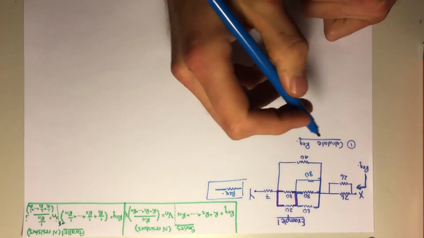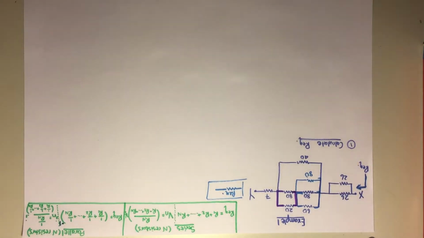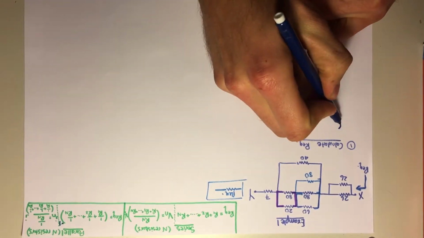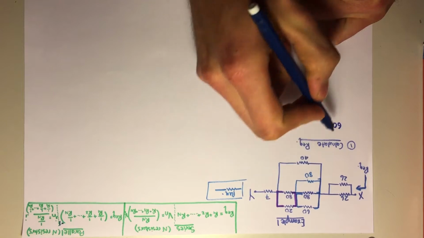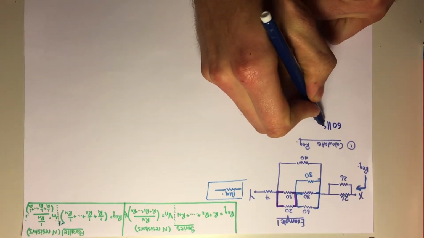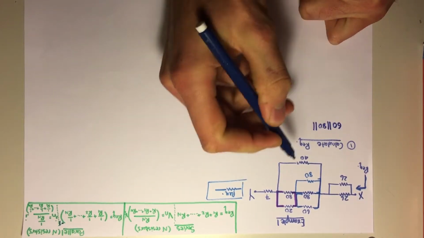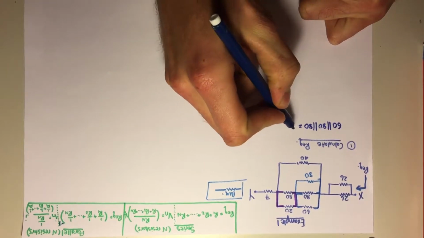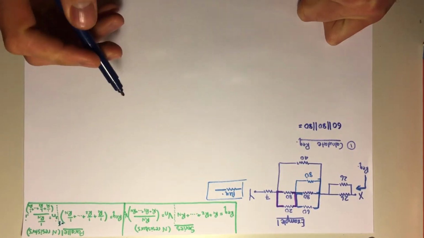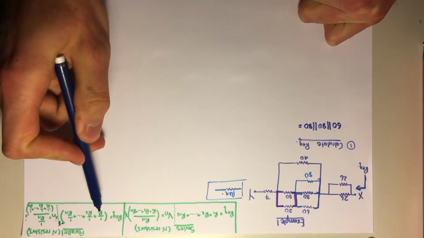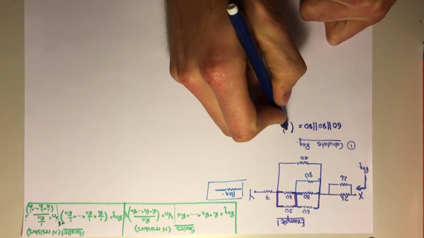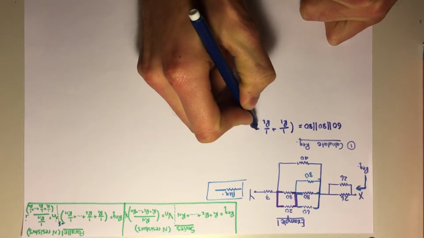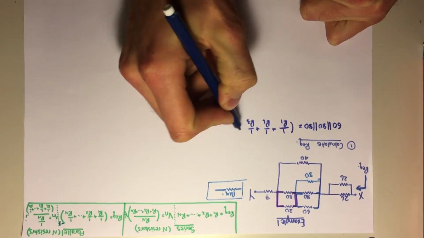Okay, so how we write this is we say 60 is parallel to 80. Parallel is represented by those double lines. And we're going to say this is R equivalent, equal to 1 over R1 plus 1 over R2 plus 1 over R3.